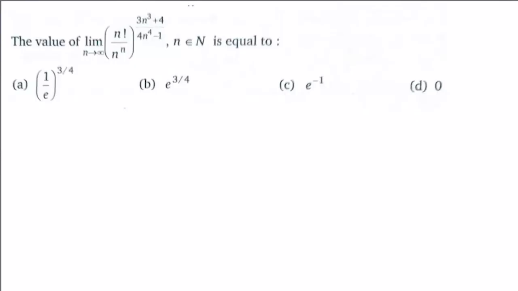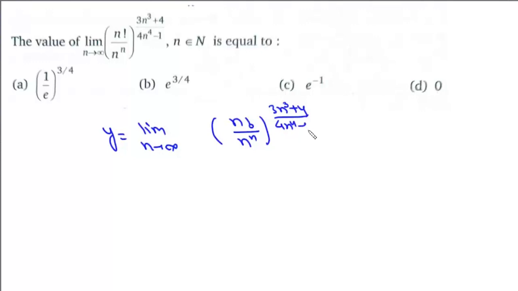Now here the question is, we need to find the value of this limit y, the limit as n tends to infinity of n factorial upon n to the power n, whole to the power (3n^4 + 4n) upon (4n^4 minus 1).